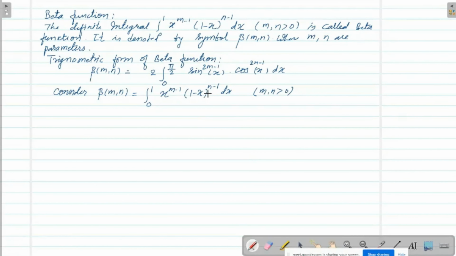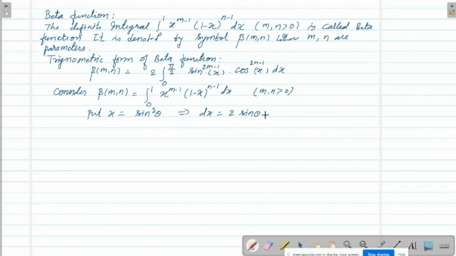Now if I use substitution, we put here x equal to sine square theta. You can also put x equal to cos square theta. Okay, so just differentiate this. So you will get dx equal to 2 sine theta cos theta d theta, differentiating with respect to theta.